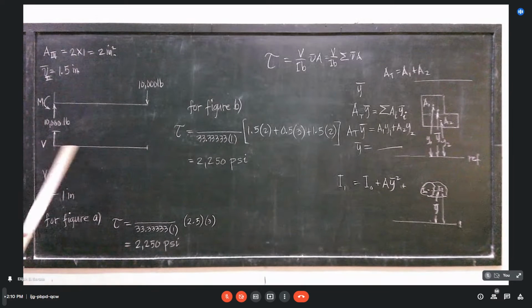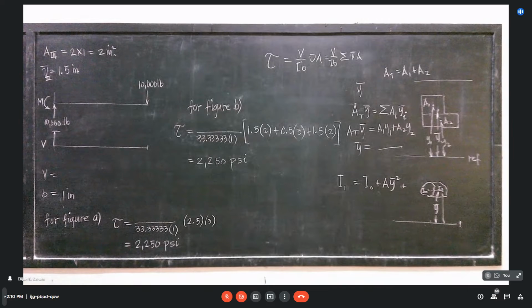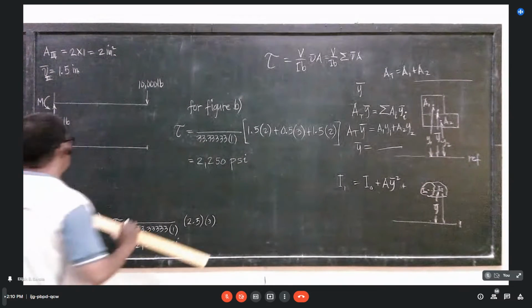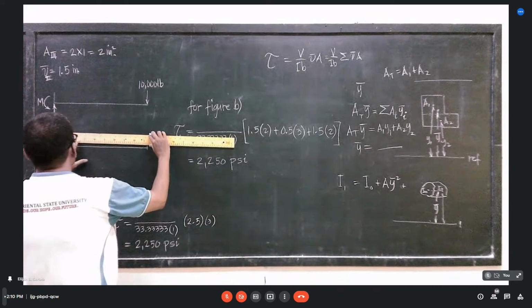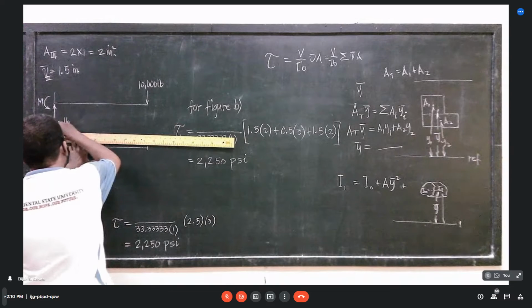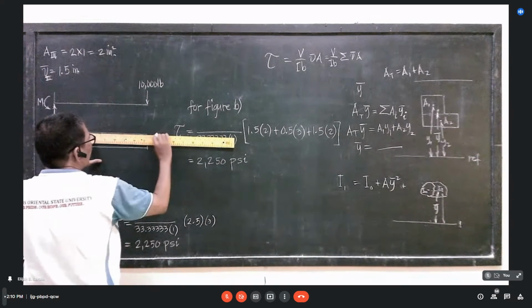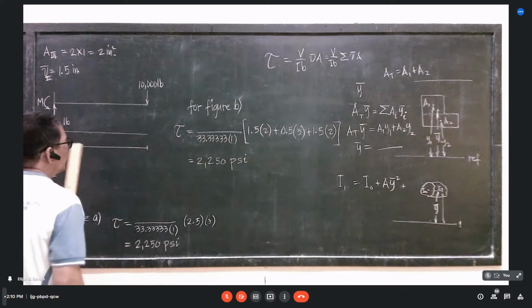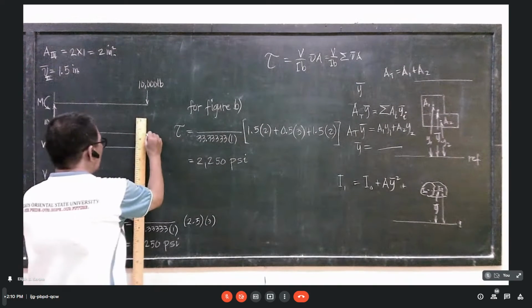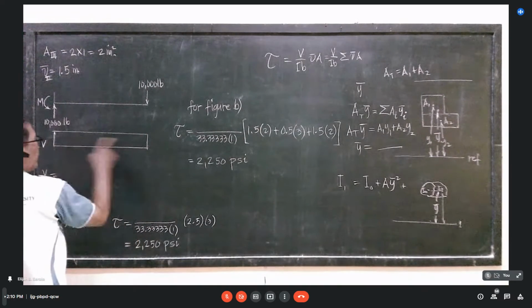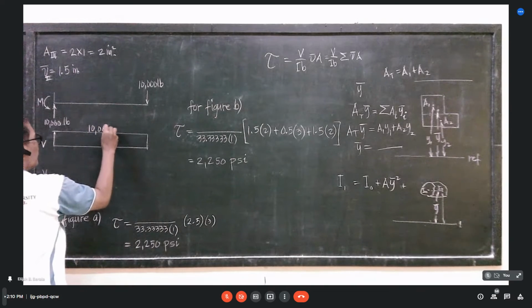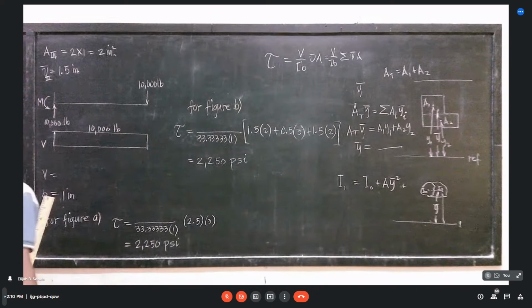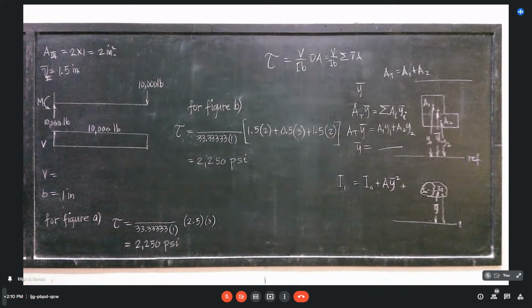From here to here, what is the shape of the shear diagram? Straight ra, sir. Horizontal. Okay. So it is this way. Up the end, asa nang paingon? Pailalom, sir. Okay. So you have 10,000 and you go down 10,000. So this is actually 10,000 pounds. That is your shear diagram.